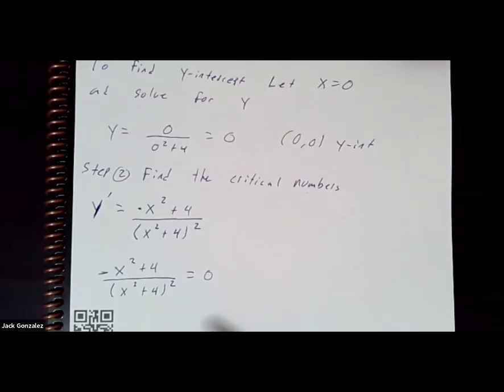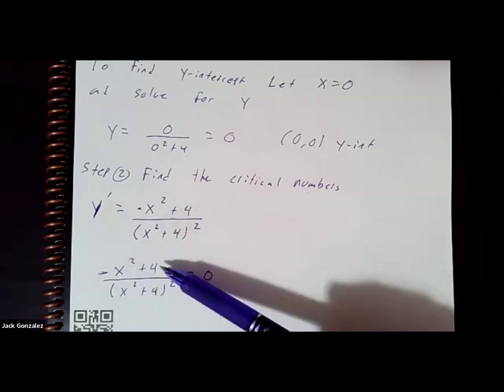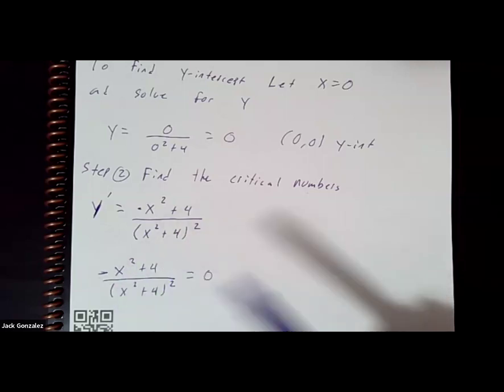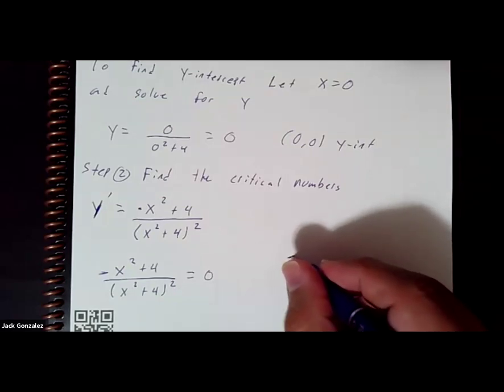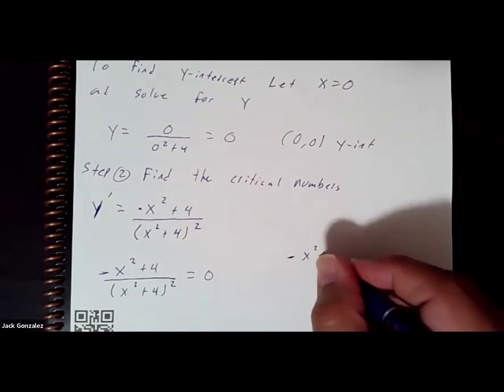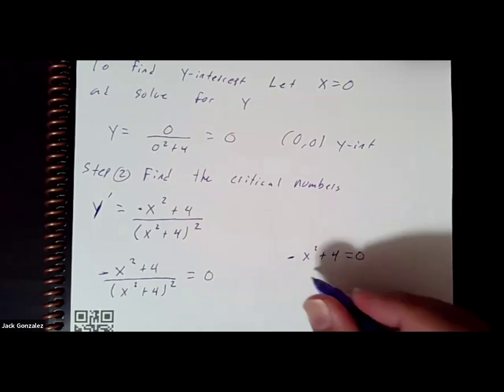Do you all agree that this will only be 0 if the numerator is 0? The entire thing will 0 out if this top part is equal to 0. So really all we have to do is set this guy to 0. Does that make sense?